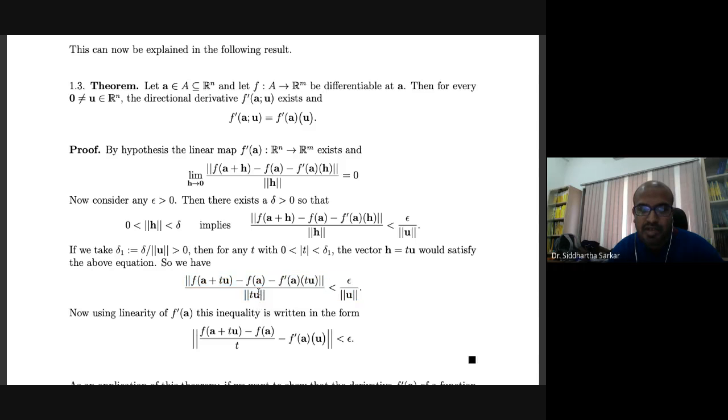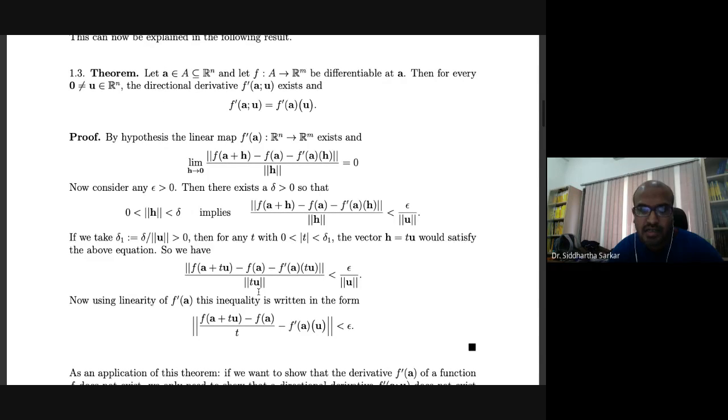Now from the denominator of the left hand side of the inequality, you just adjust your t, put it inside, and watch out that f prime a is a linear map, so you can take t outside this. If you bring t inside, this turns out to be something like this expression.